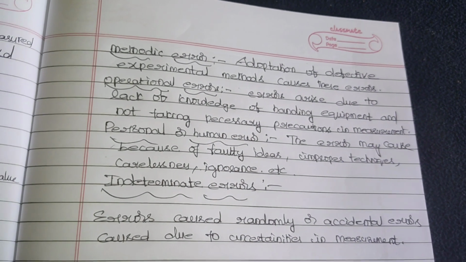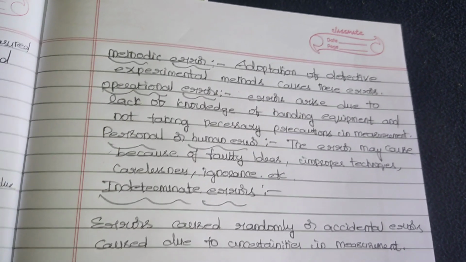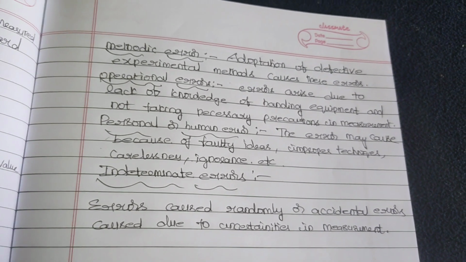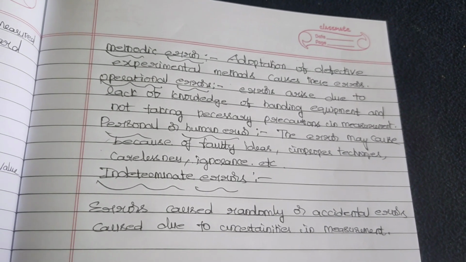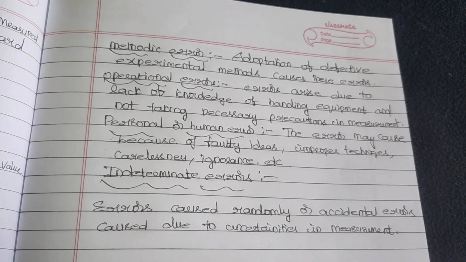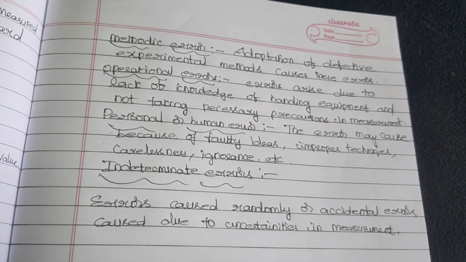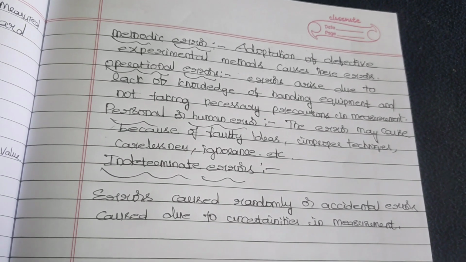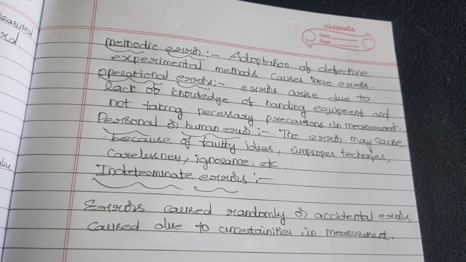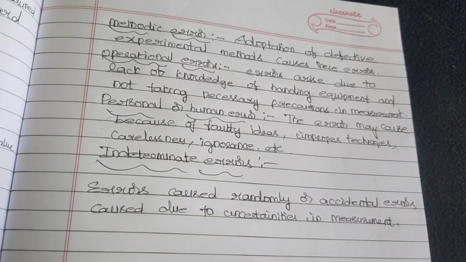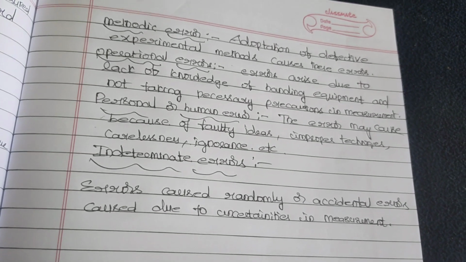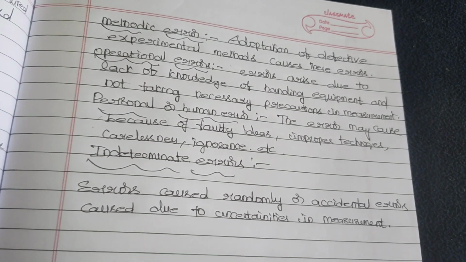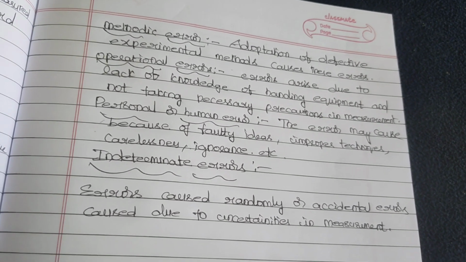The person doing the experiment may not have a correct idea of how to do it, or the techniques he uses may be improper, or he is careless or ignorant of the steps he has to follow to get the correct value. He may also have a personal problem, for example not detecting colors correctly in chromatography. If personally he doesn't know the things to do correctly, then error may occur. This is personal or human error.